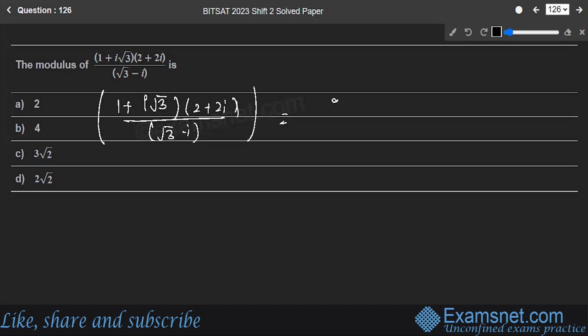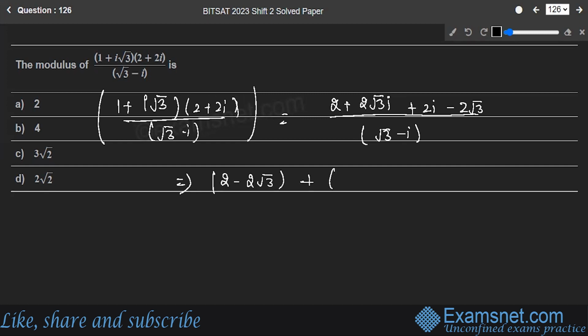You will have 2 plus 2 root 3 iota plus 2 iota minus 2 root 3, whole thing divided by root 3 minus iota. Or I'm separating the real and the imaginary parts. You will have 2 minus 2 root 3 plus this thing upon root 3 minus iota.